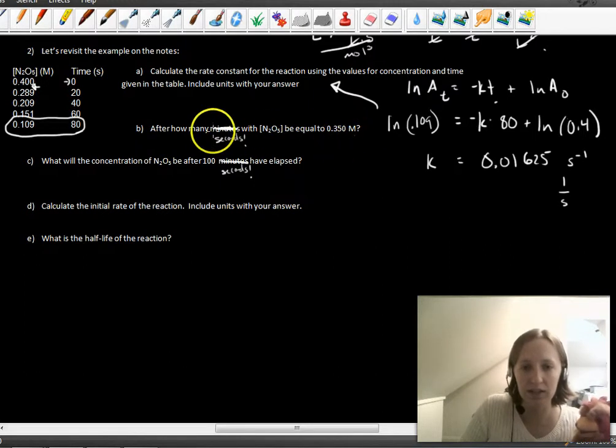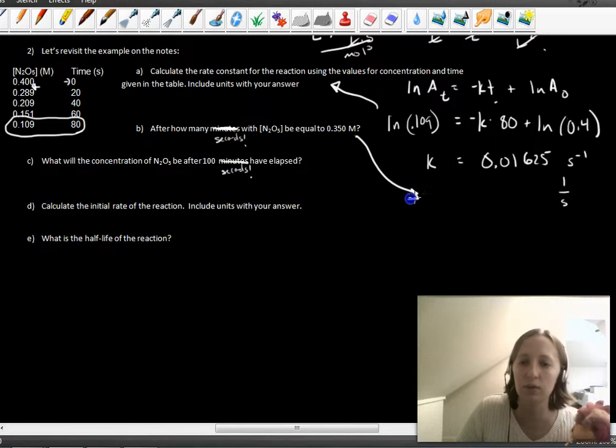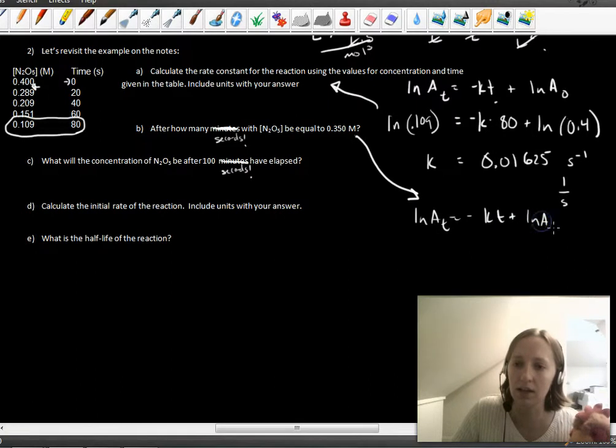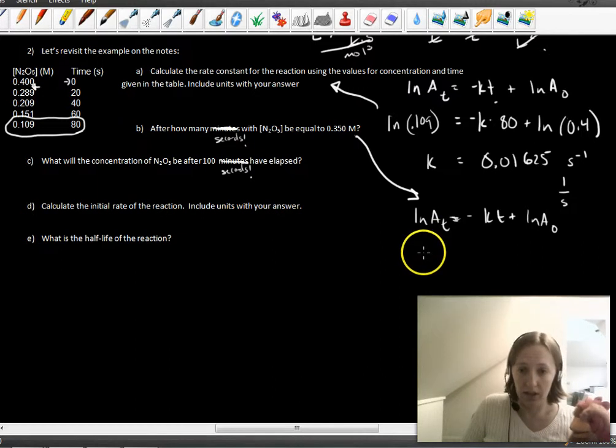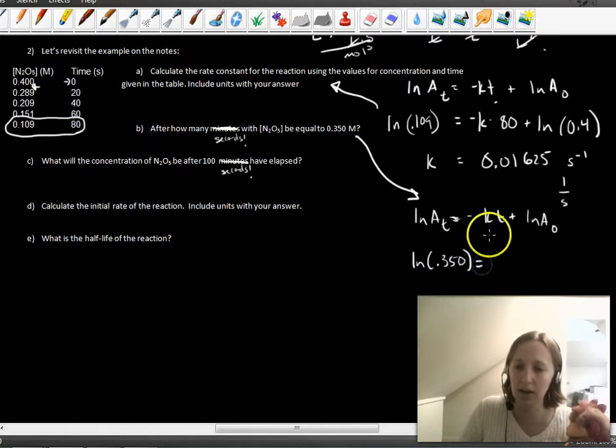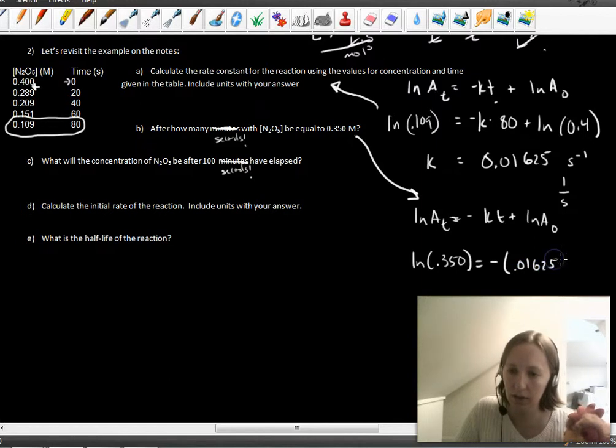And it's asking for time, so we need to use the equation that has t in it, which again is ln of A at t equals negative kt plus ln of A0, the one that's relevant for first order reactions, which we have learned this one is. And let's see, A at time t is, as they've said, 0.350. K, we now know, negative 0.01625.